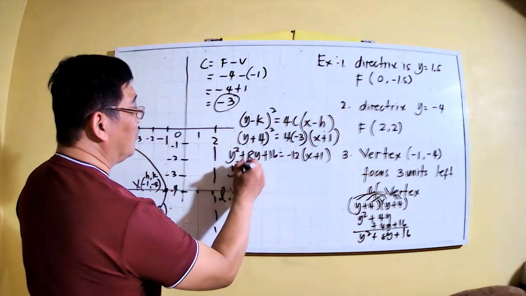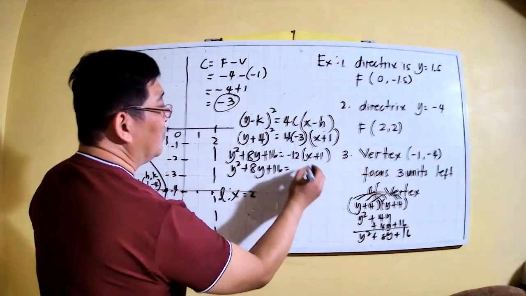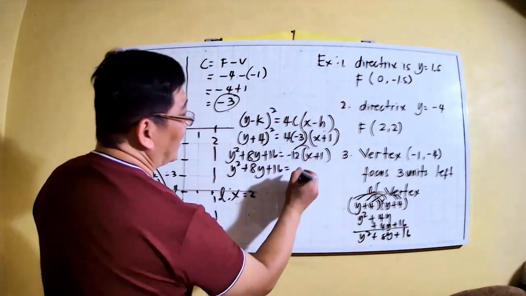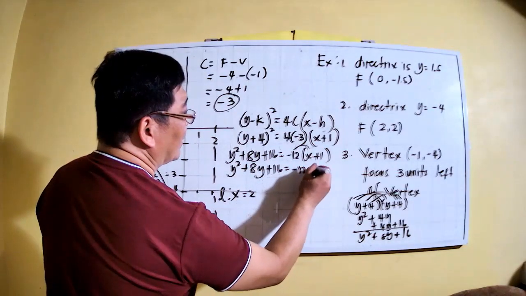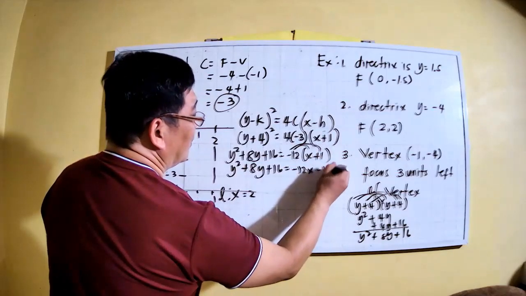Simplify again, y square plus 8y plus 16 is equals to negative 12 times x is negative 12x. Negative 12 times positive 1 is negative 12.